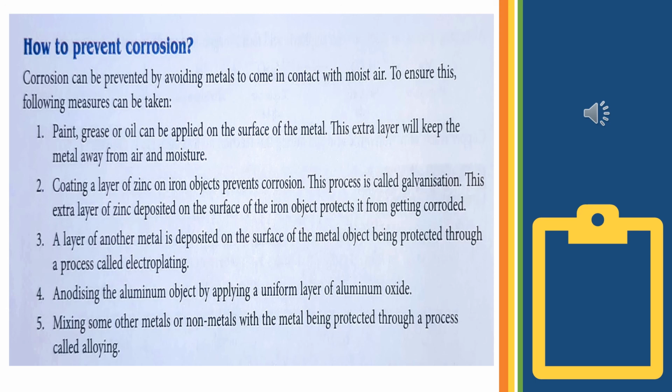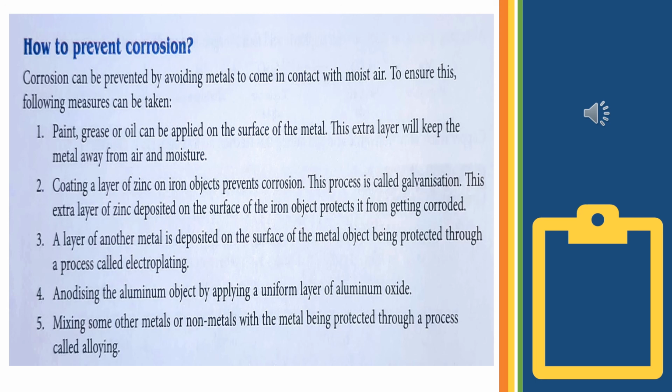But this iron pillar is not getting corroded or getting any rust. Why? Because it is made up of a certain alloy which prevents it from rusting. For example, the basic alloy which you are using at home is stainless steel.